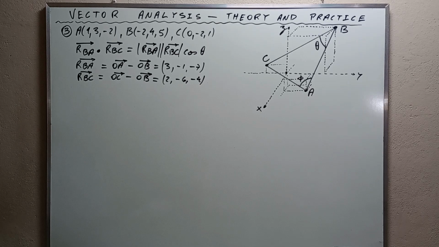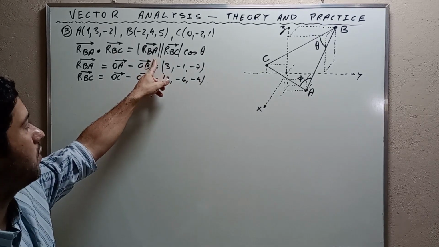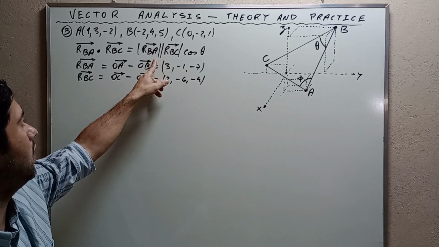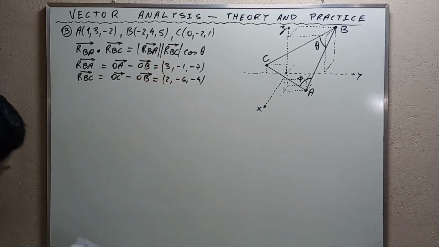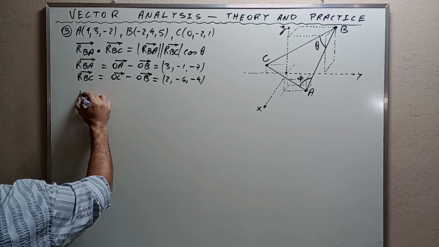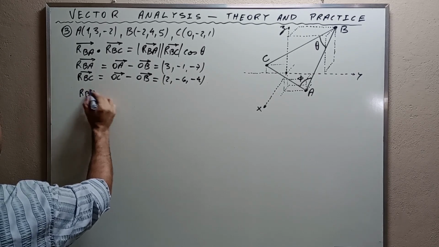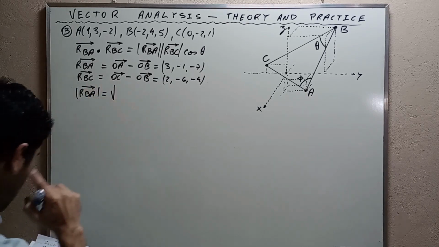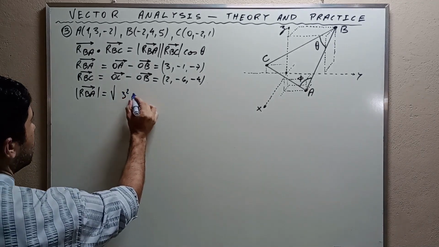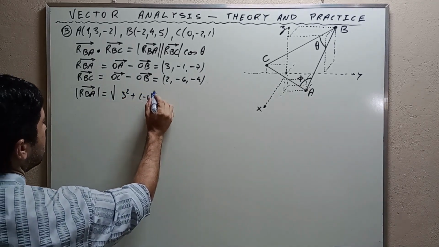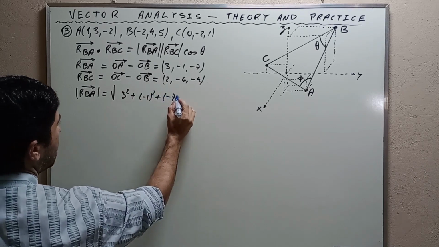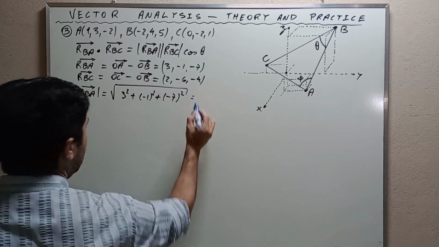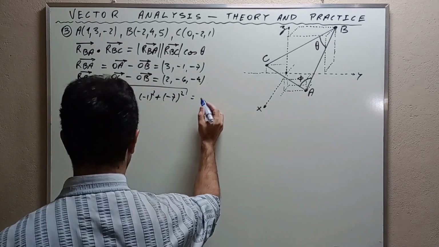Following a similar procedure, we shall now calculate the magnitudes of the vectors, the magnitude of RBA and the magnitude of RBC. The magnitude of RBA is equal to the square root of 3 squared plus -1 squared plus -7 squared, and this is equal to 59.